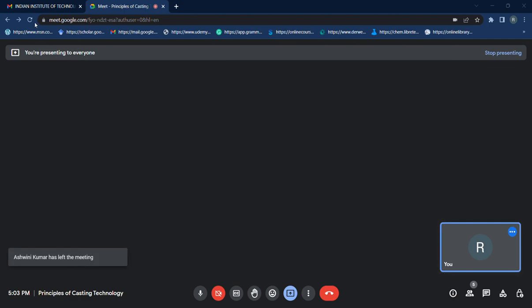There is also one thing I don't know if it is covered in the theory part. While designing your riser, there is a provision of insulator or exothermic pads also. Say this is your riser, and it is feeding some cavity. From here some molten metal is coming, and here this one is your chill.